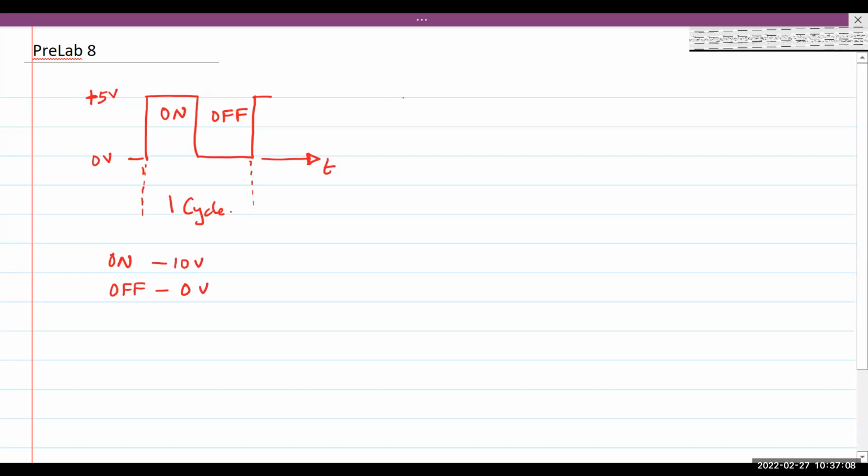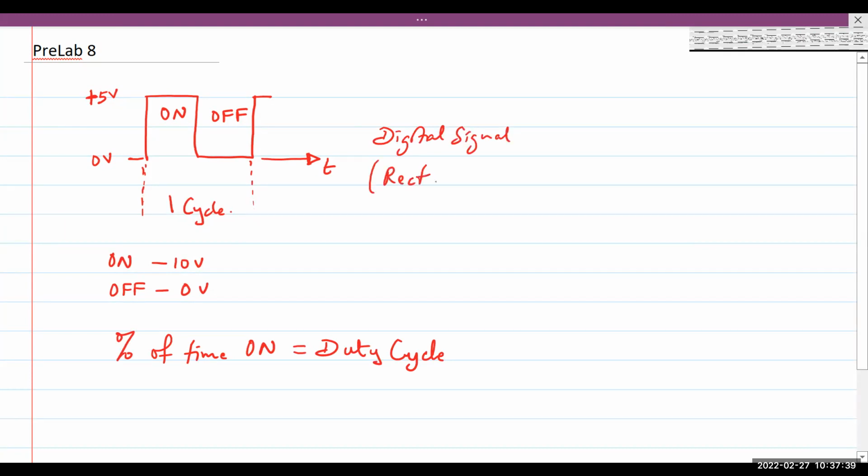So the ratio of on to off, or actually the percentage of time where the signal is on, is referred to as the duty cycle of that rectangular pulse. This is the digital rectangular pulse signal, and the percentage of time that it is on is termed the duty cycle.